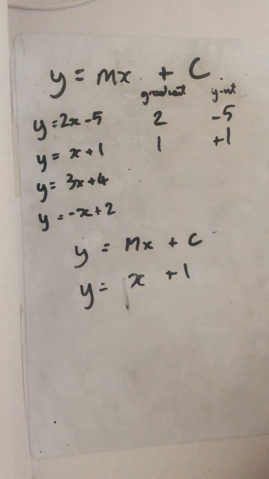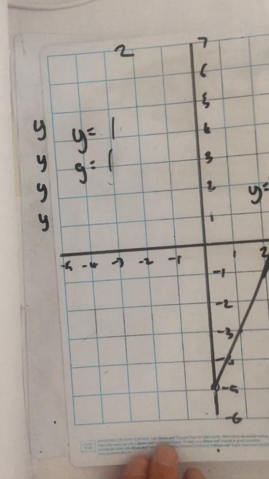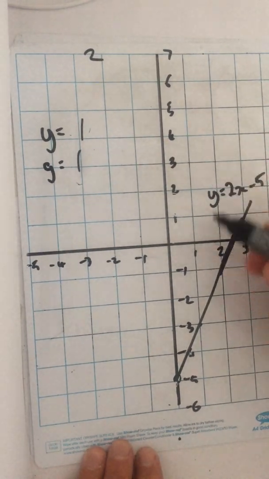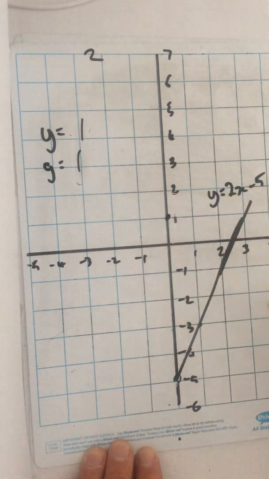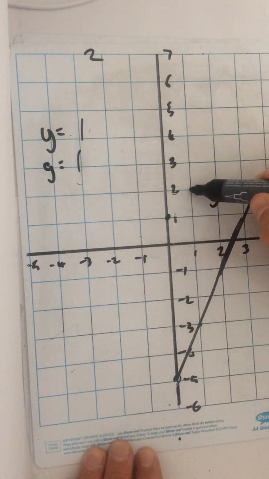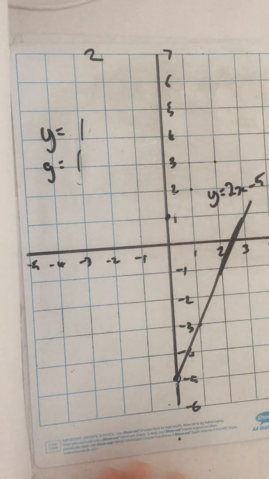So again, we can go here. The gradient is 1 and the y-intercept is also 1. So the y-intercept is 1, it's going to start here. The gradient is 1, so it goes 1 across like that.